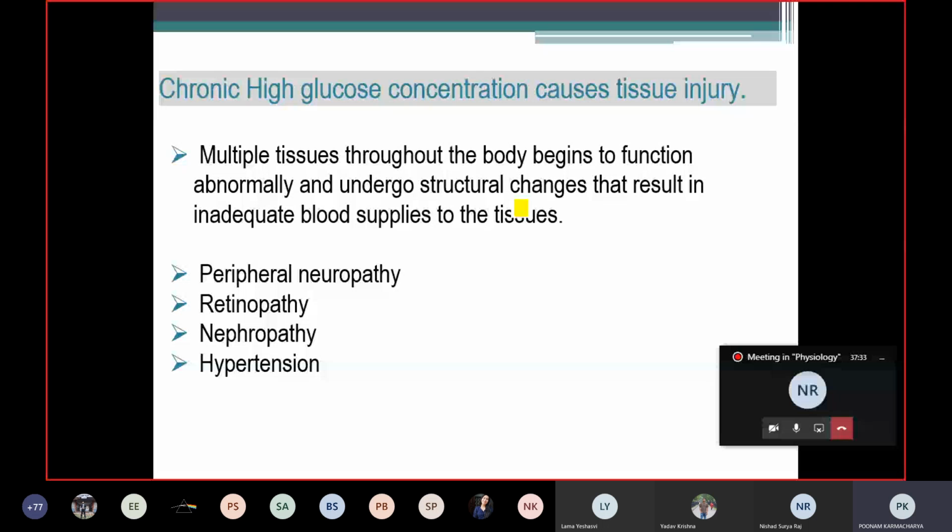And one of the most important changes that can occur in a person is peripheral neuropathy. Now, what do we mean by neuropathy? Neuropathy can occur as a result of metabolic, oxidative, or immune-related changes to neurons or Schwann cells.